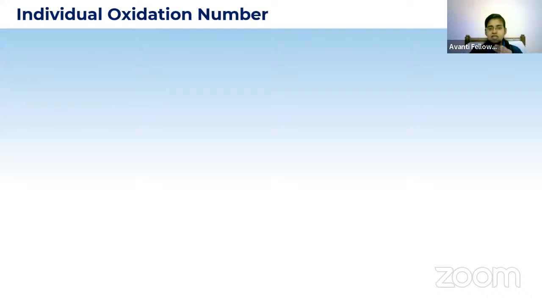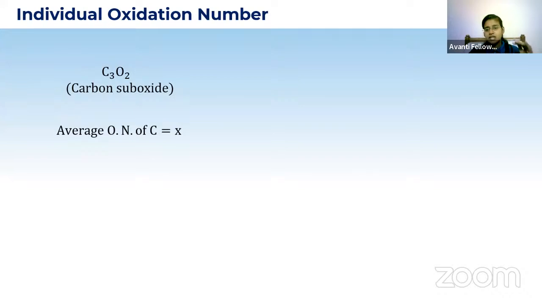So we do have some exceptional special cases. The first compound in the special case is C3O2, carbon suboxide. For this species, the average oxidation number of carbon is taken as X. Since I have 3 carbon, I have to take this as 3X.